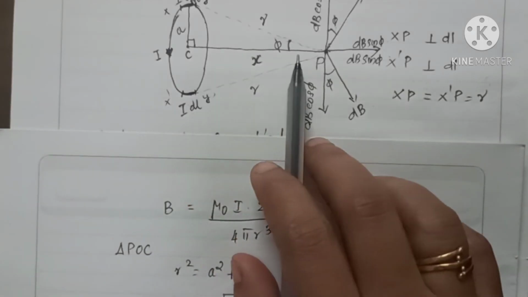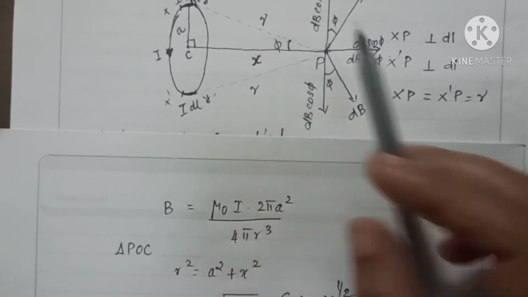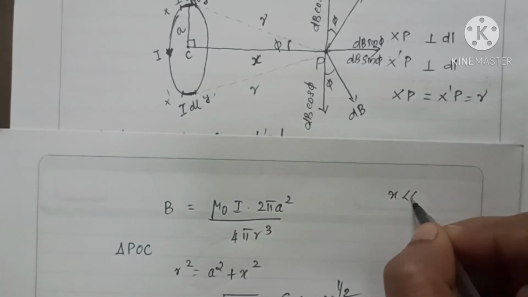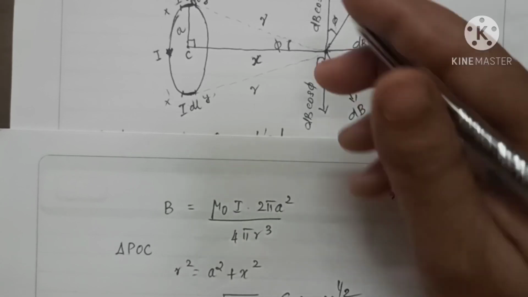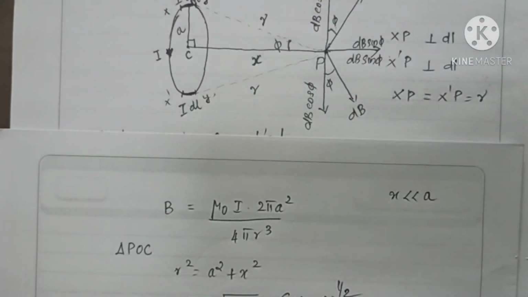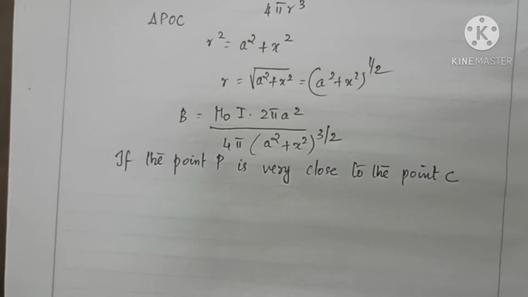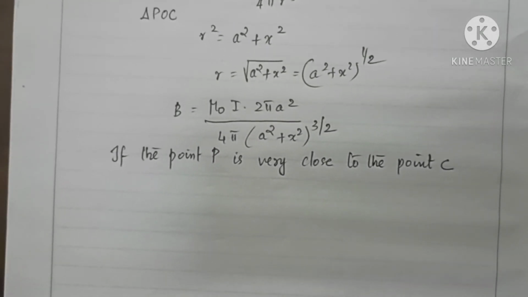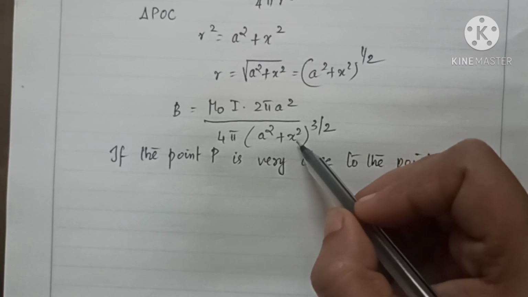As this distance becomes very small, that is, x is very much less than a. That is the condition when you are taking this P close to the point C. So in such a case, in this equation, we will neglect the term x squared.